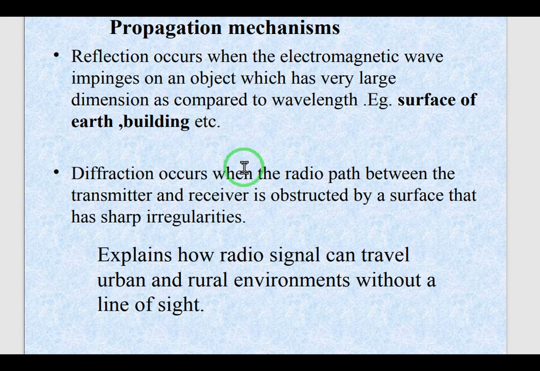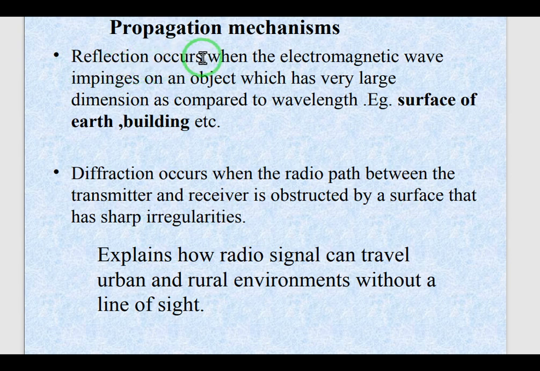There are certain propagation mechanisms available. Reflection occurs when the electromagnetic wave impinges on an object which has very large dimension as compared to wavelength.